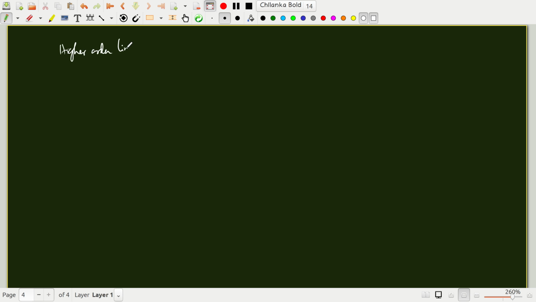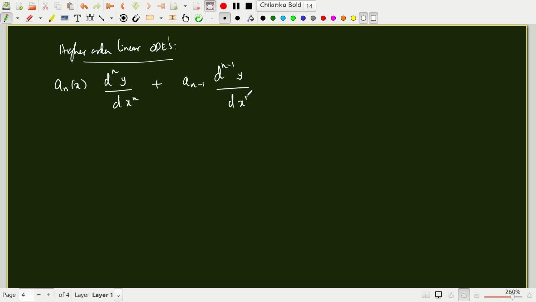Higher order linear ODEs. The general structure is of the form a_n(x) dⁿy/dxⁿ + ... = f(x). Y is the dependent variable and x is the independent variable, and f(x) is some known function.